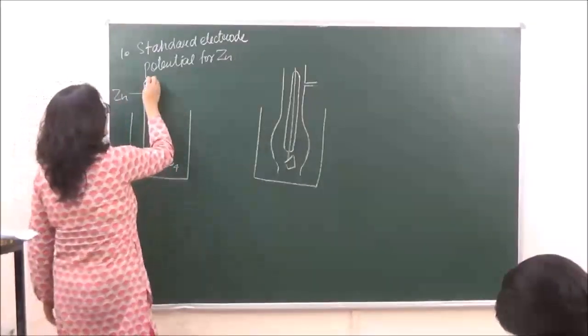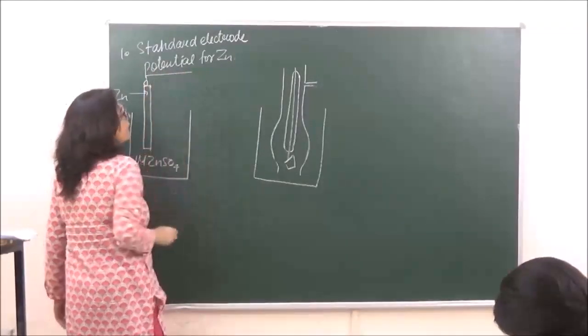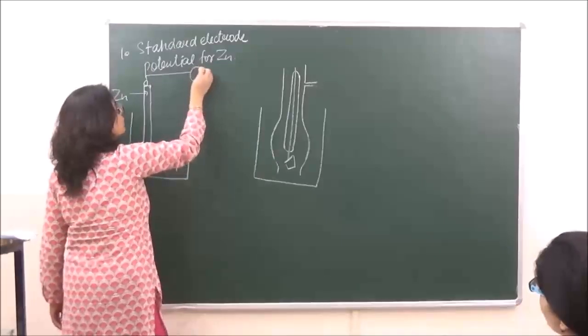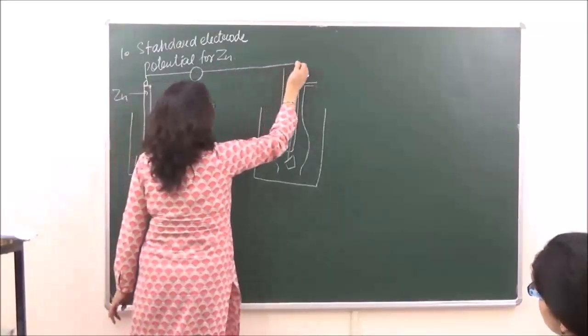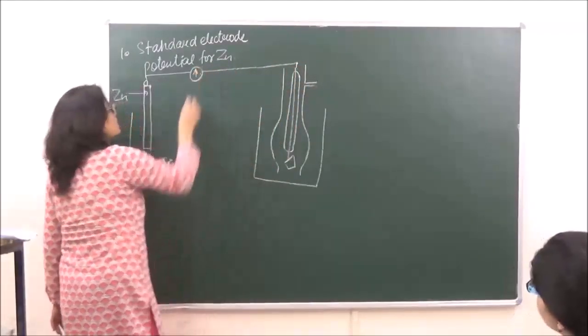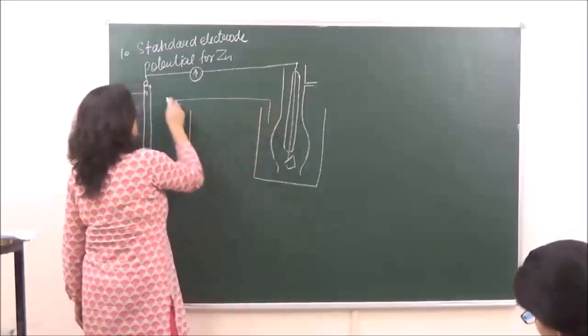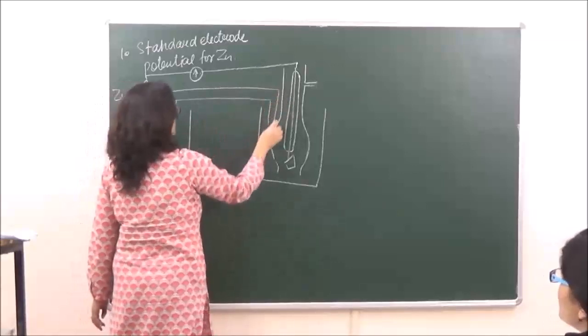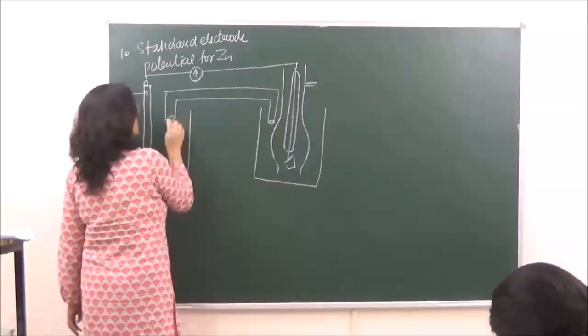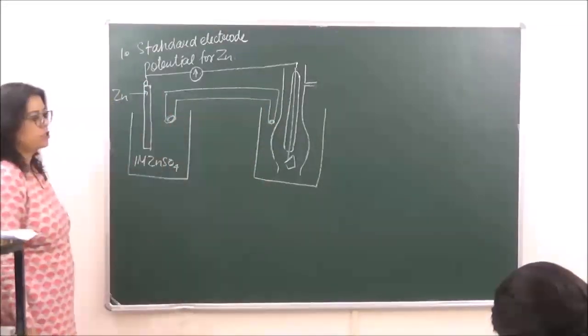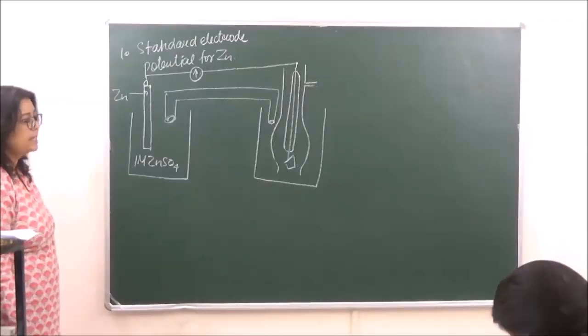They are both connected to the galvanometer or the voltmeter to take the reading of the cell, and this is the salt bridge, right?